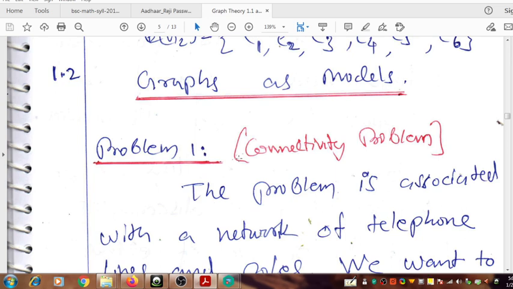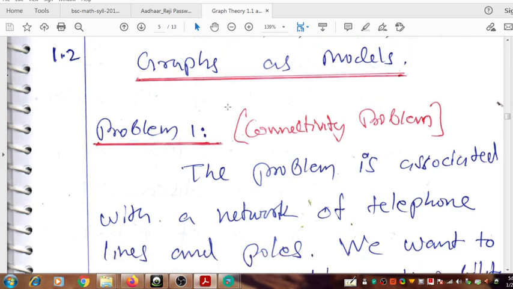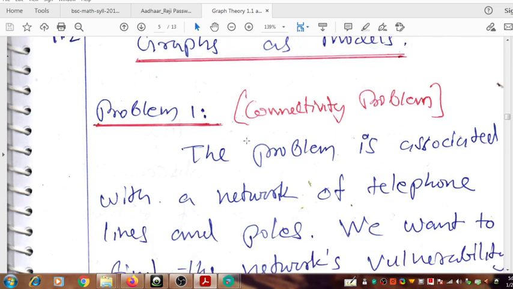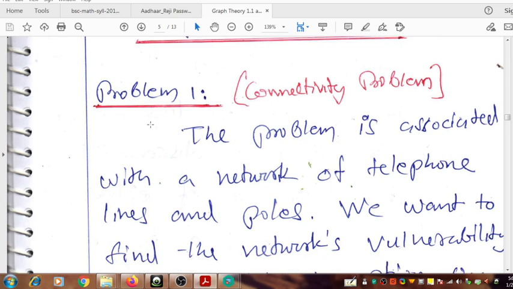Thinking about having these ideas in our mind, we are going to see some examples of such problems that are very famous in the literature of graph theory. The first problem is the connectivity problem.